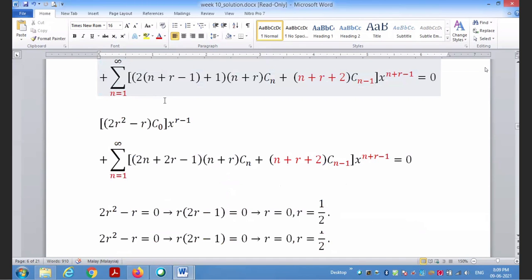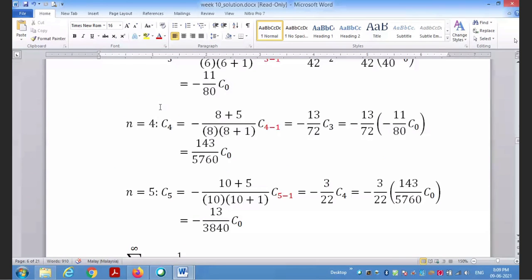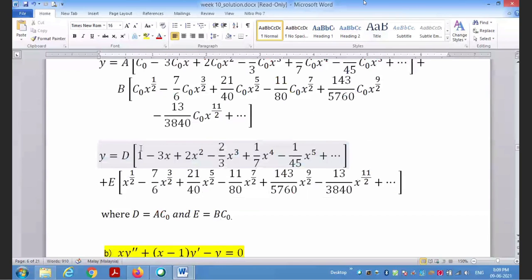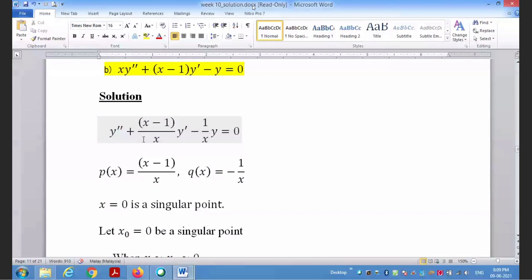So for question B, first you need to check what x equal to 0 is. Only if x equal to 0 is regular singular can you employ Frobenius method.